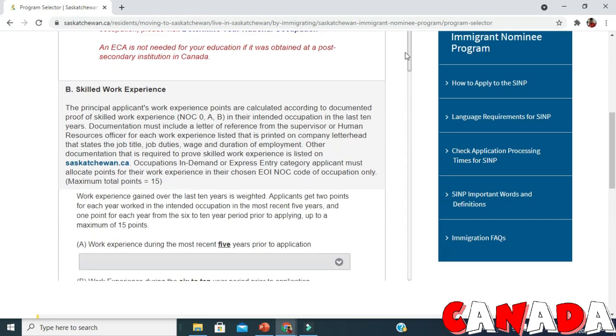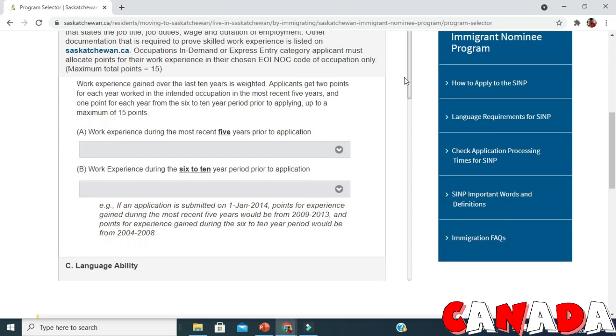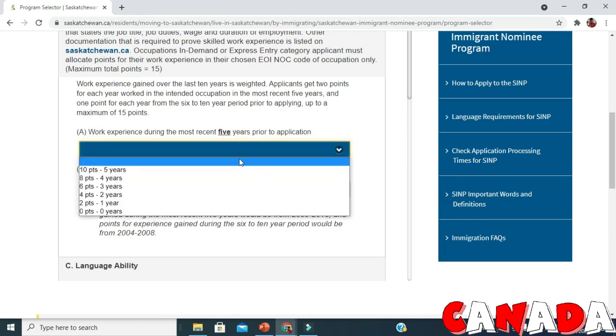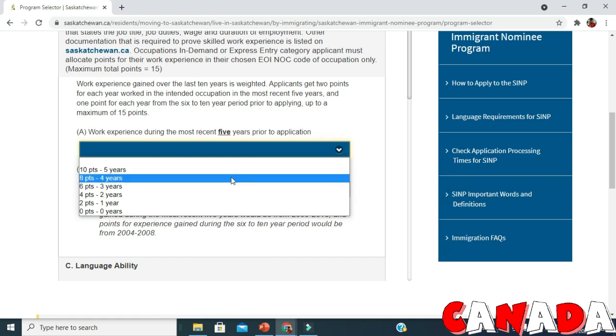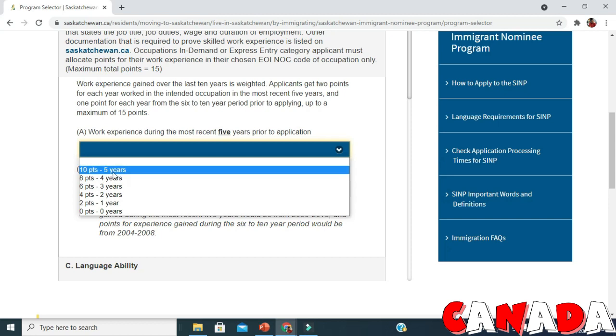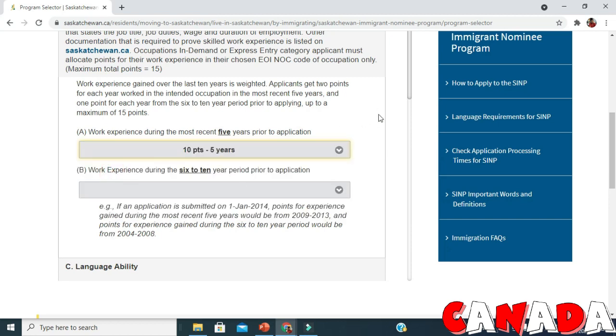The second thing they want to know is your skilled work experience, in the recent 5 years, whether your experience was 5 years out of 5 years or less. If your points were less, then your chances of immigrating to Saskatchewan through SINP without a connection are going to be very limited if you don't have enough work experience.